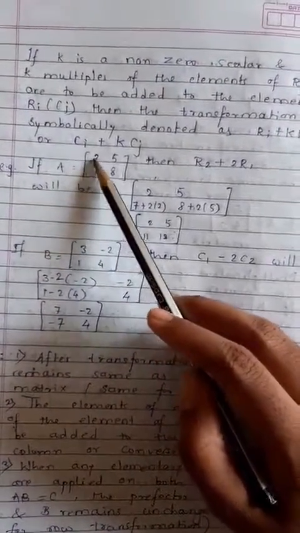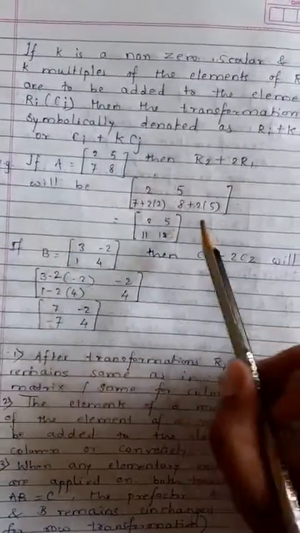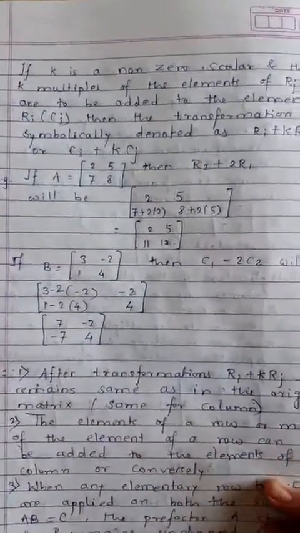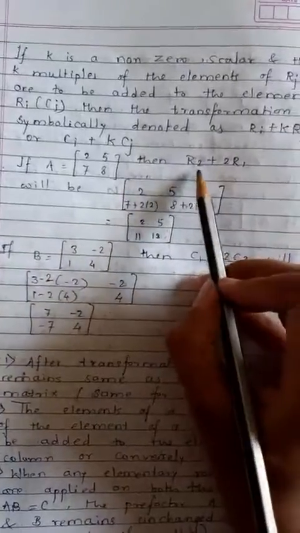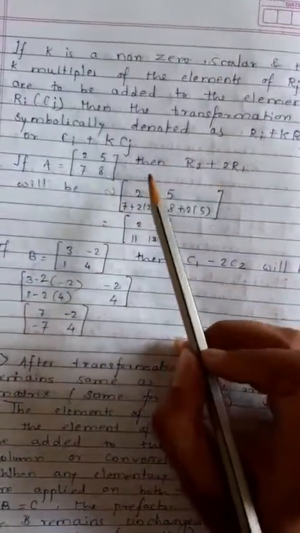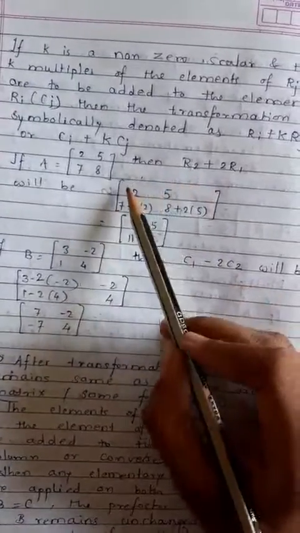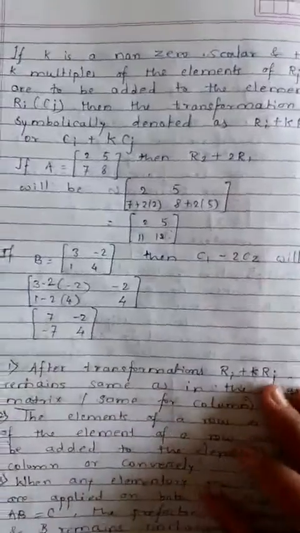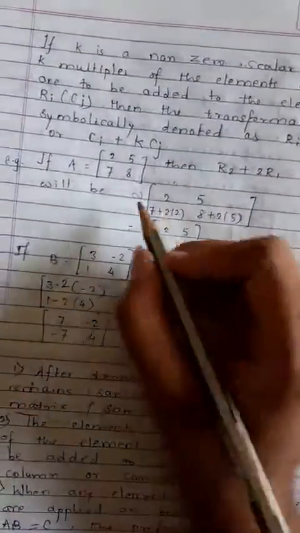If A is equal to [2 5; 7 8], then R2 plus 2R1, R2 plus 2R1. Now okay, what we have to do? Students, be careful, we are doing this operation on the second row.